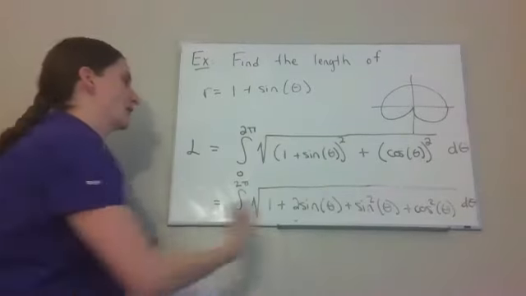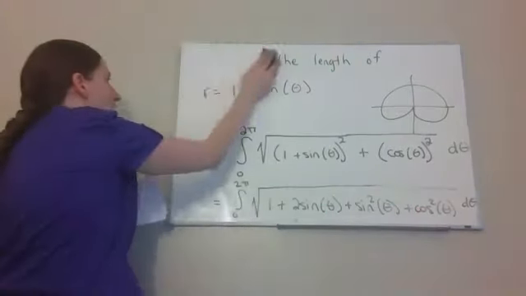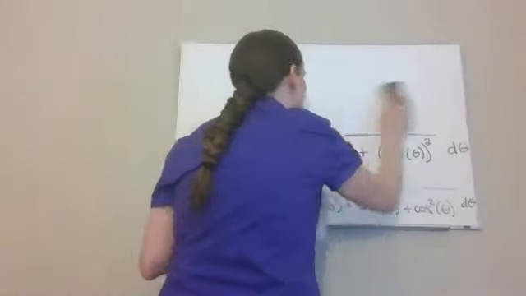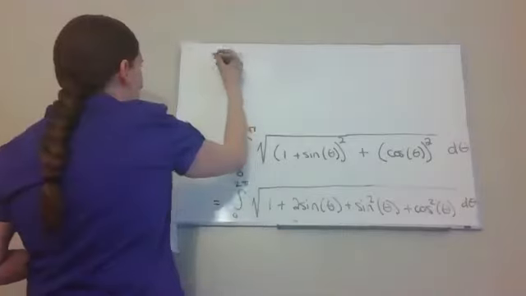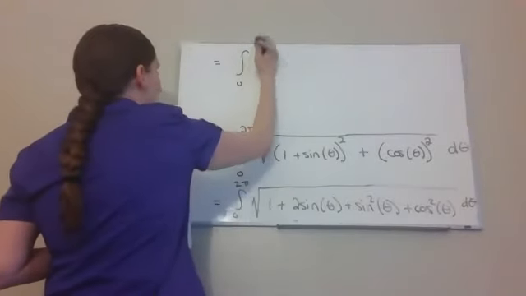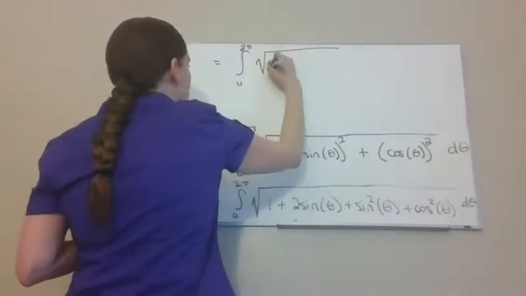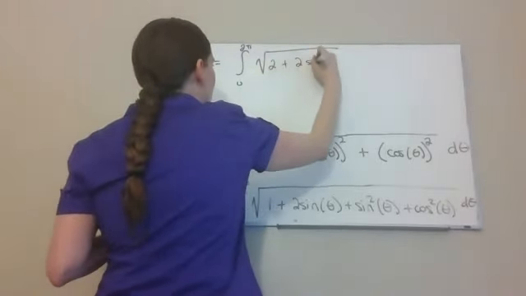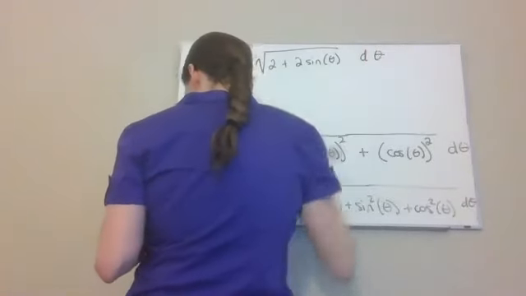So I'm going to rewrite this sine squared and cosine squared as a 1, combine it with my other 1. So when I do that, I get my arc length is equal to the integral from 0 to 2 pi, a square root of 2 plus 2 sine of theta d theta.